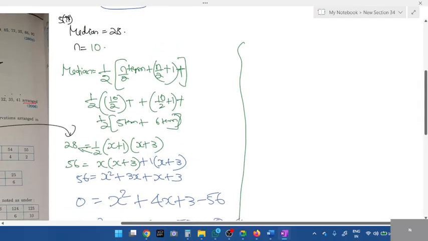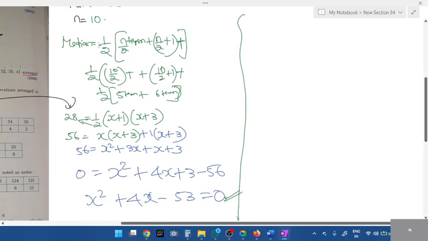Copy from the beginning. Look at the median, right? Median is 28. N is equal to 10.